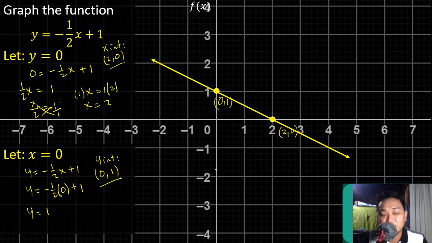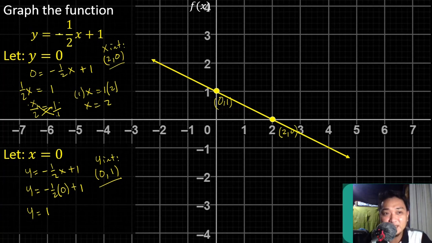Now, paalala ko lang po, check nyo rin yung slope niya. In our previous videos, pag positive yung slope, yung line is increasing or upward. Pagka negative yung slope, yung line is downward or decreasing.